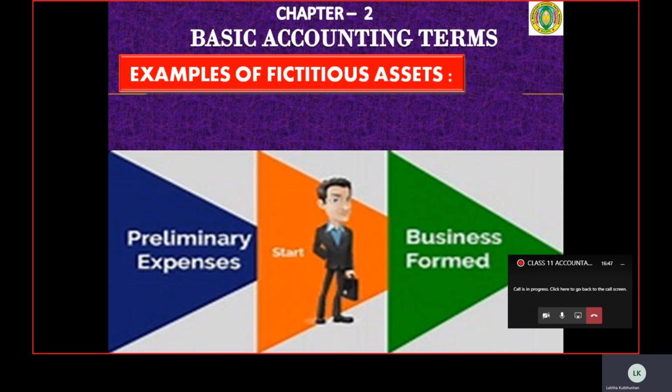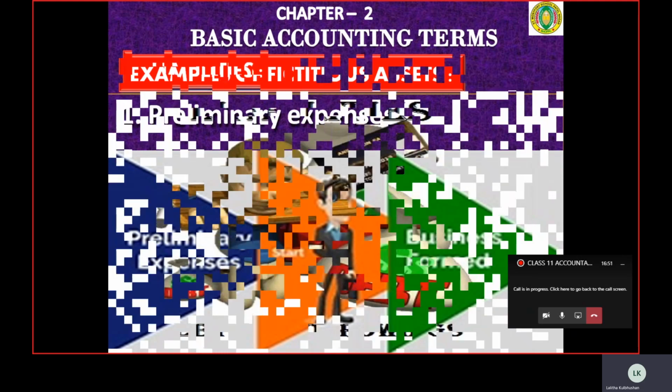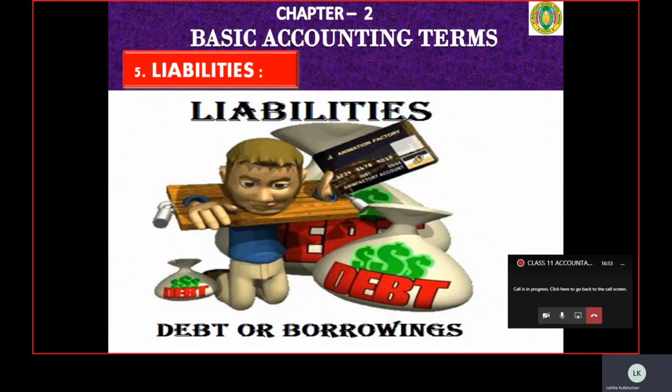Now, children, the next topic which we are going to deal with is liabilities. We have seen assets, we have seen their classification, and now next we are going to discuss liabilities. Liabilities are equally important for any business organization as assets. So let's see what liabilities basically mean. Liabilities are the responsibilities of the business.